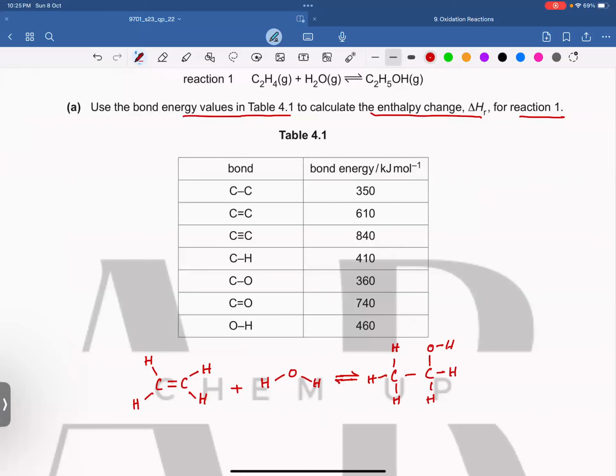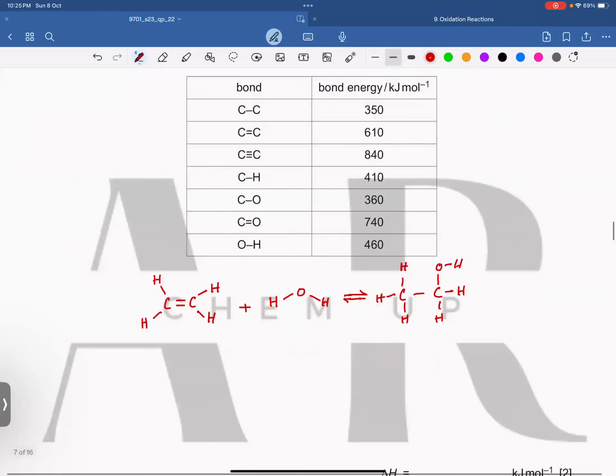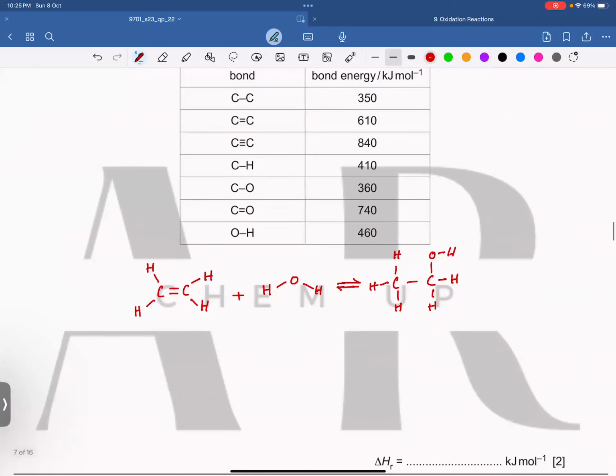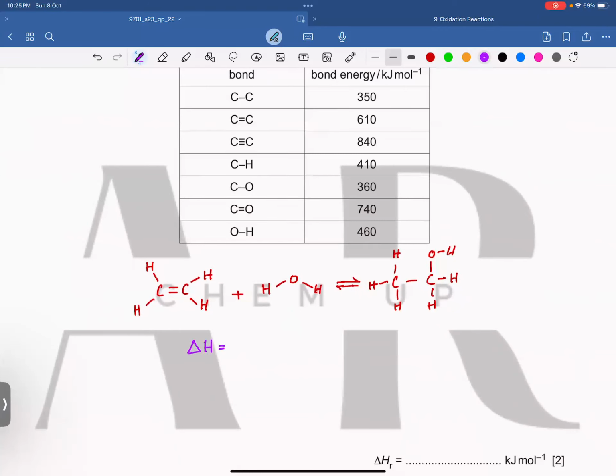So from the bond energy values, if I have to find the enthalpy change, the enthalpy change will be equal to the enthalpy of bonds broken minus the enthalpy of bonds formed.